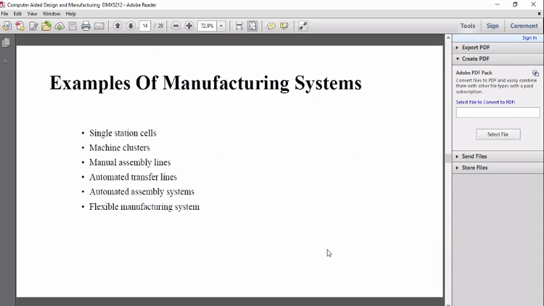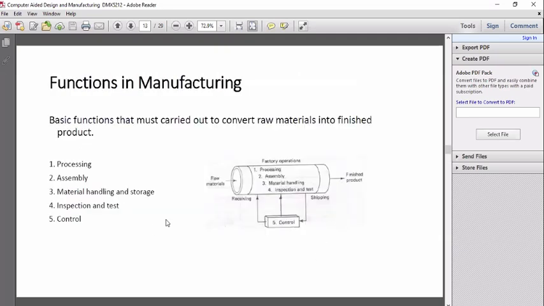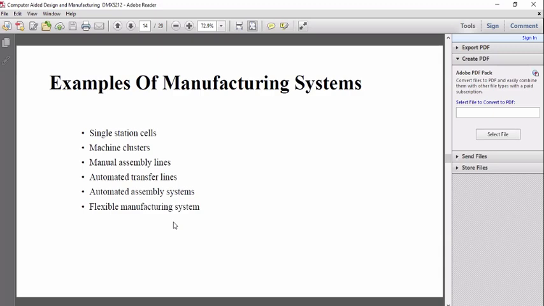So now we know what a manufacturing system actually is, and there are different kinds of manufacturing systems. For example, a single station cell, where you have seen lathe machines, or CNC machines. Maybe one machine is in a cell which can perform whatever operations, and machine clusters, maybe several machines in one cell or cluster, and manual or automated assembly lines.